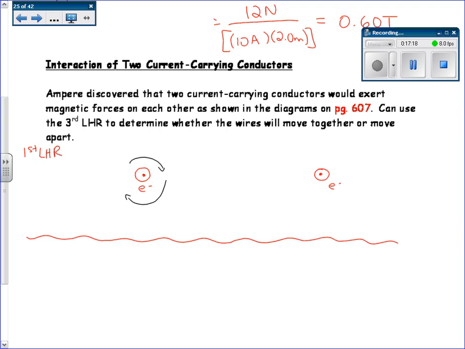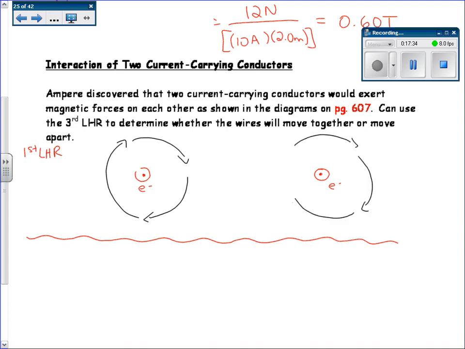I'm going to draw this much bigger. So I have a magnetic field around that electron going clockwise. And this one will be the same because it's also coming out of the page, so I have a magnetic field around that electron going clockwise.